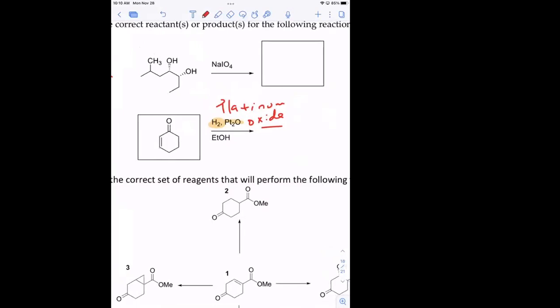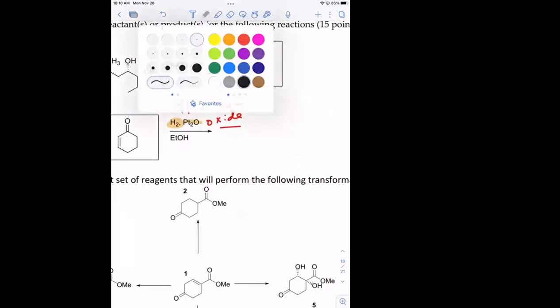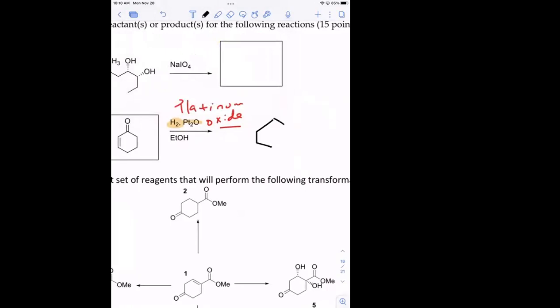What does it do to the alkene? I'm adding one hydrogen to each carbon in the alkene. So I'll take that alkene down to an alkane.